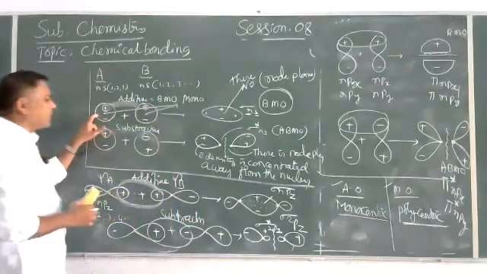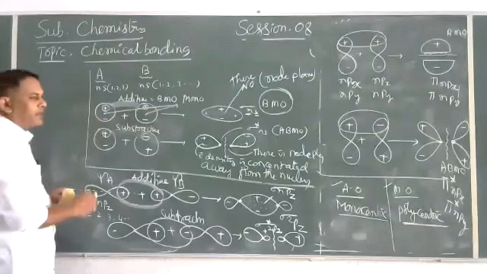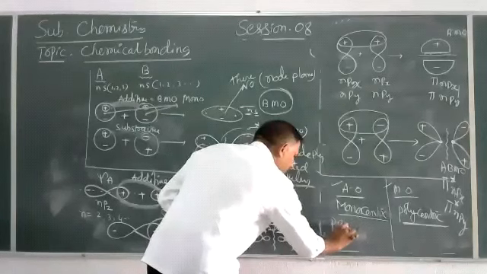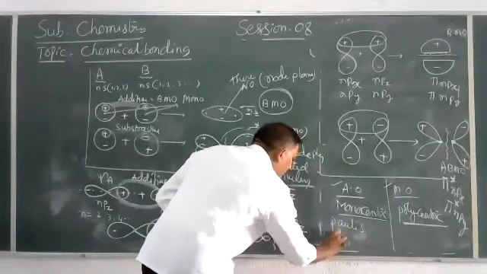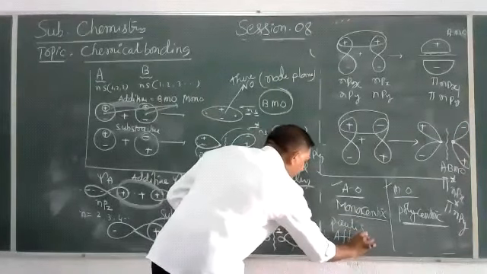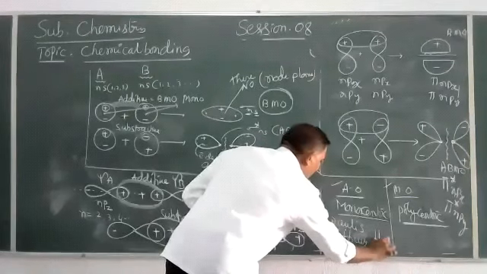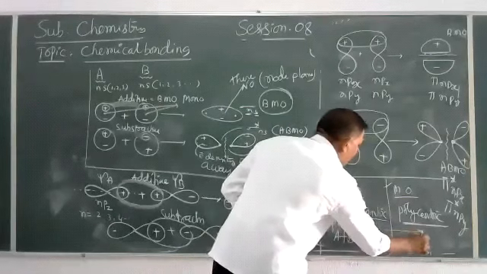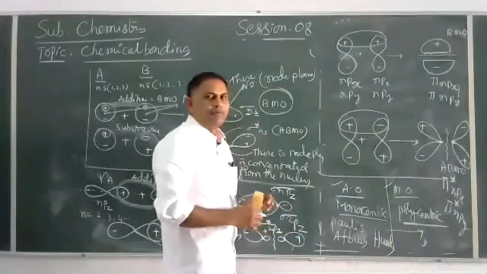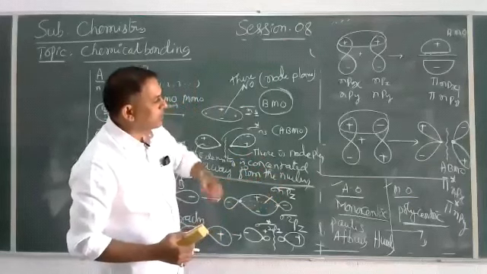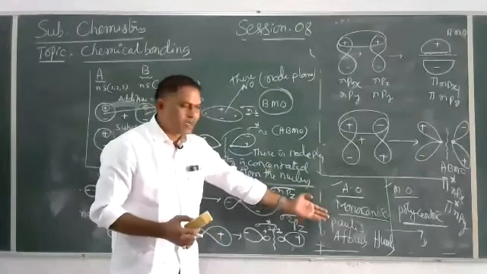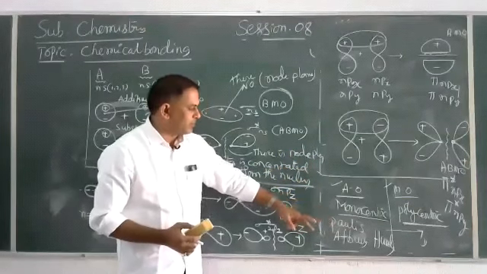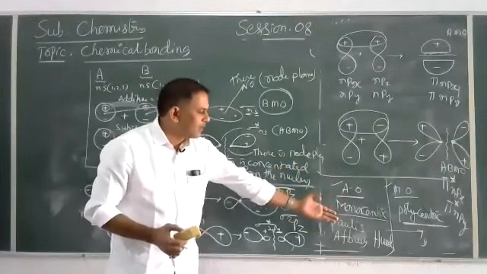Now in atomic orbitals, electron filling takes place according to Pauli's exclusion principle, Aufbau principle, as well as Hund's rule. The same principles apply in molecular orbitals also. Filling of electrons in atomic orbitals or molecular orbitals takes place on the basis of Pauli's, Aufbau, and Hund's rule.